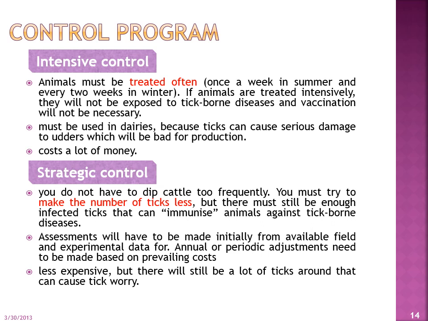So the second thing is the strategic control. Nowadays, the strategic control is taking much more attention, because you do not kill all the insects at the same time, but you just make the number of ticks less.